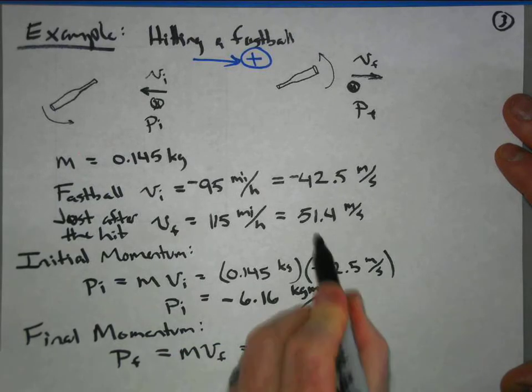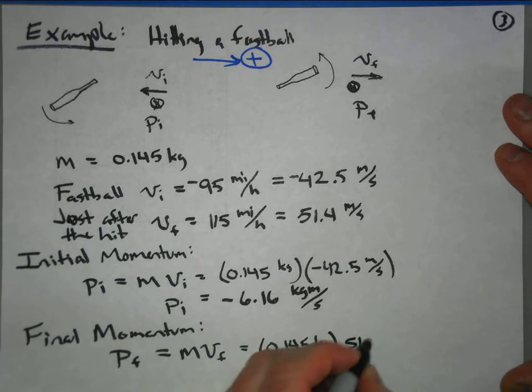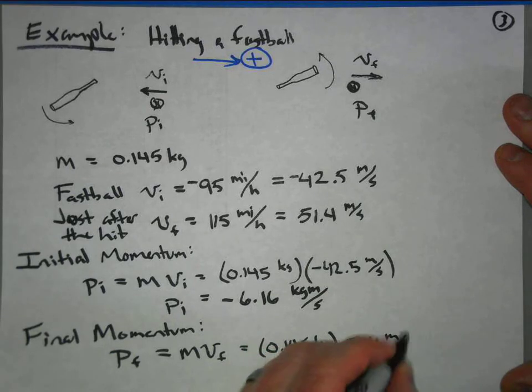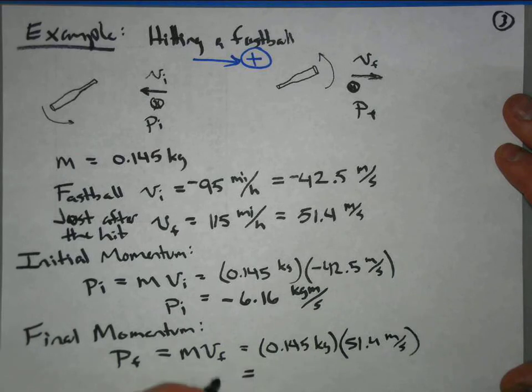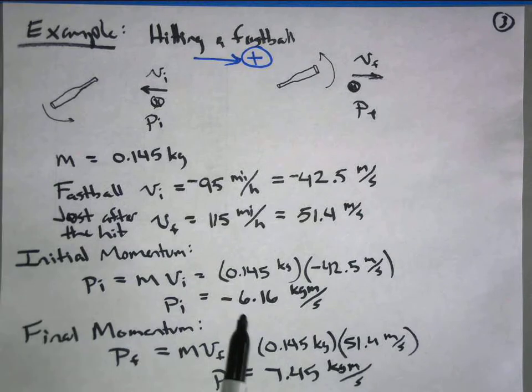Our final velocity, 51.4 meters per second. So our final momentum, we're going to get a value of 7.45 kilogram meters per second. Excellent. We went from an initial momentum of negative 6.16 to a final momentum of positive 7.45.